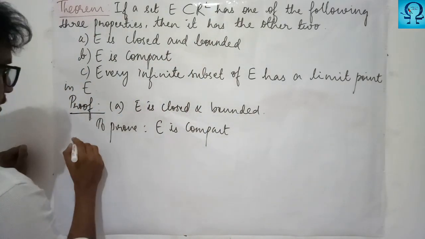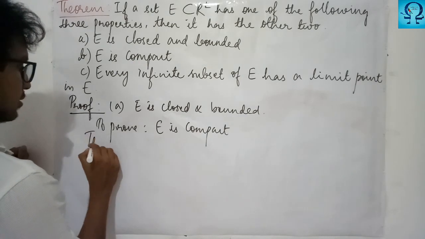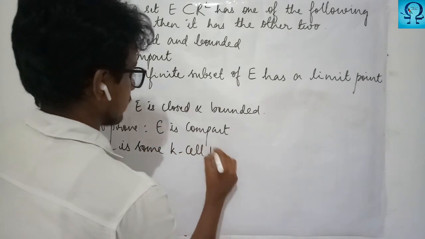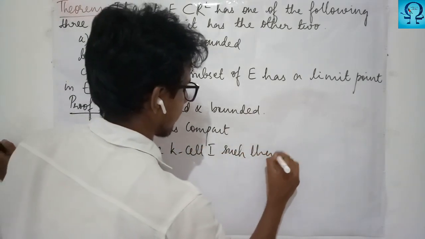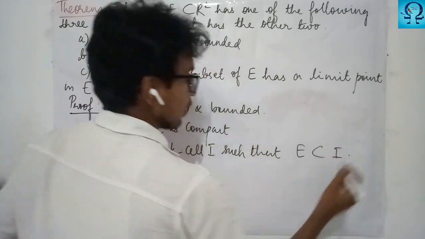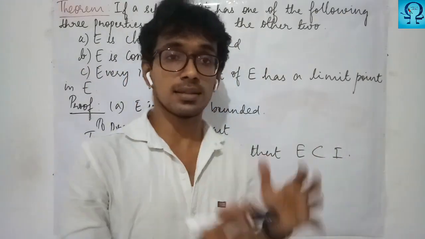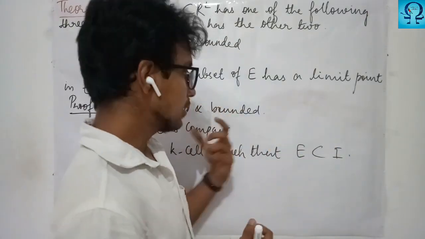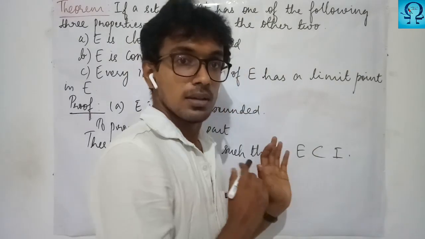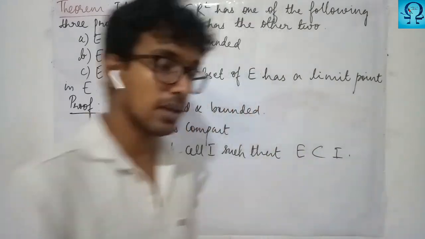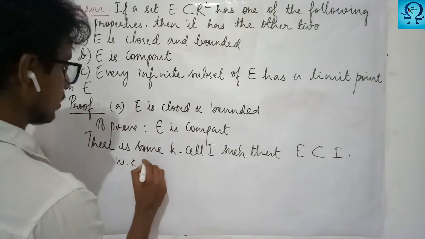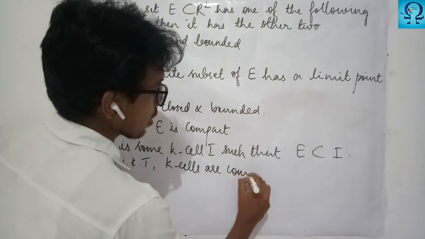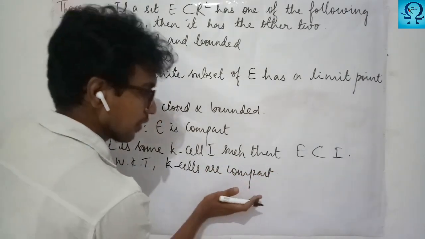Since this is true, there is some k-cell I such that E is contained in I. We are not saying only k-cells are of this sort, but we can identify some k-cell such that this set is contained in I. In this way we can identify some k-cell, and we know that k-cells are compact.